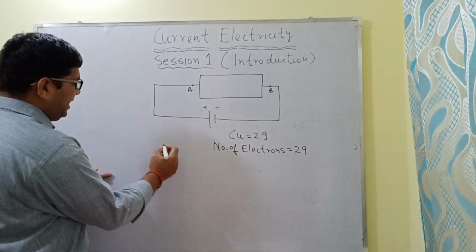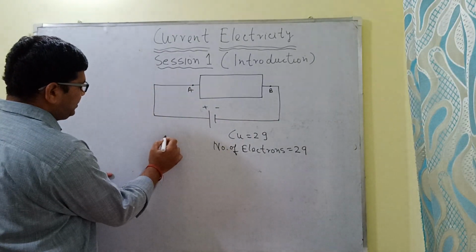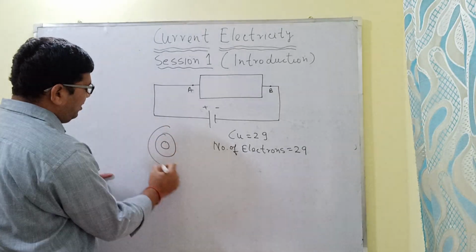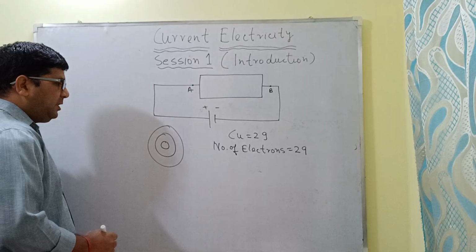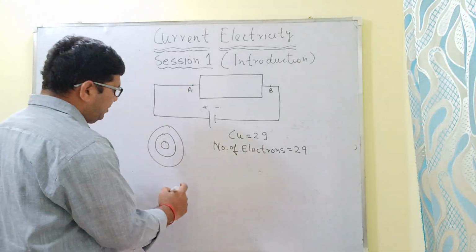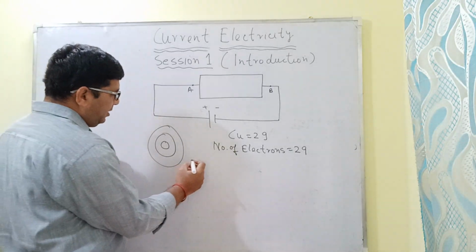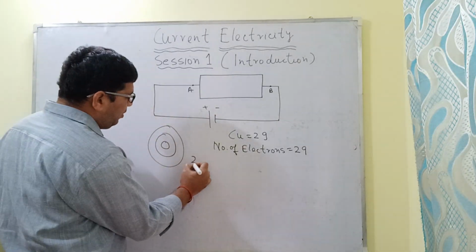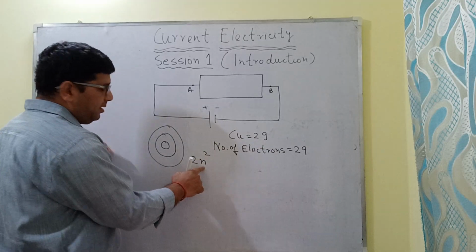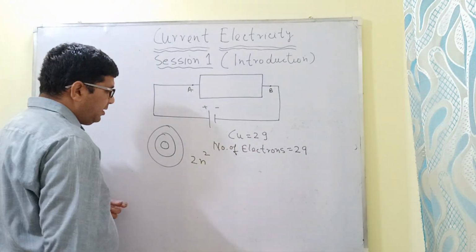Now, we know that in an atom there is a nucleus, and the electrons revolve around the nucleus in orbits, and for a stable configuration of the atom, the number of electrons in an orbit is given by 2n square, where n is the nth orbit.